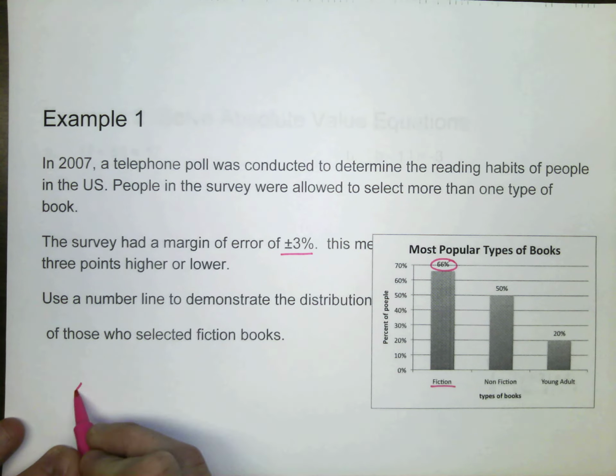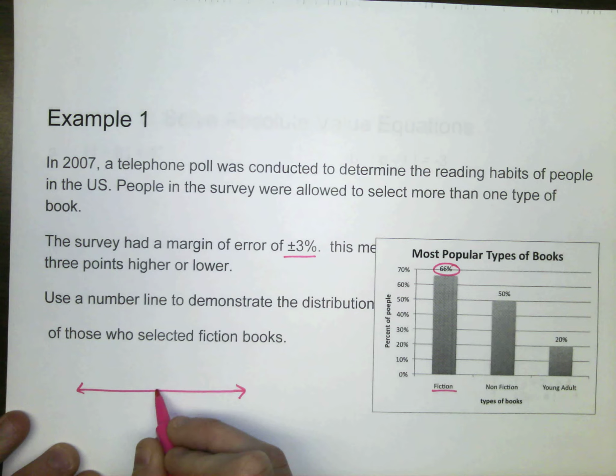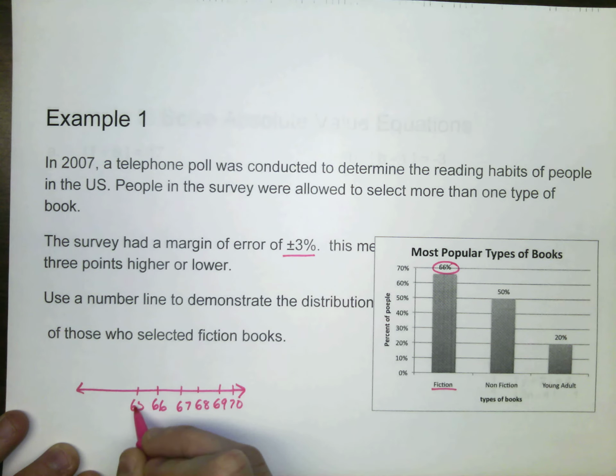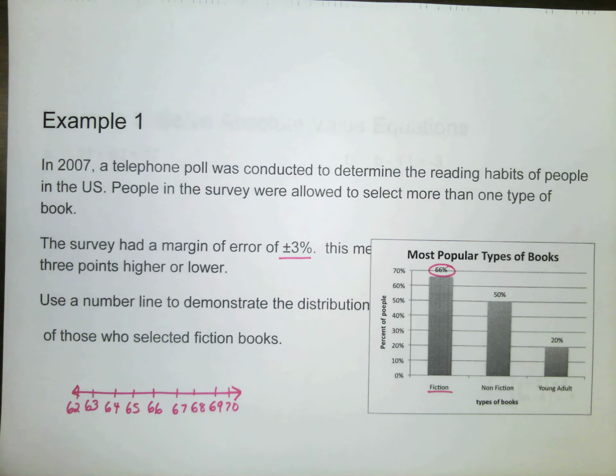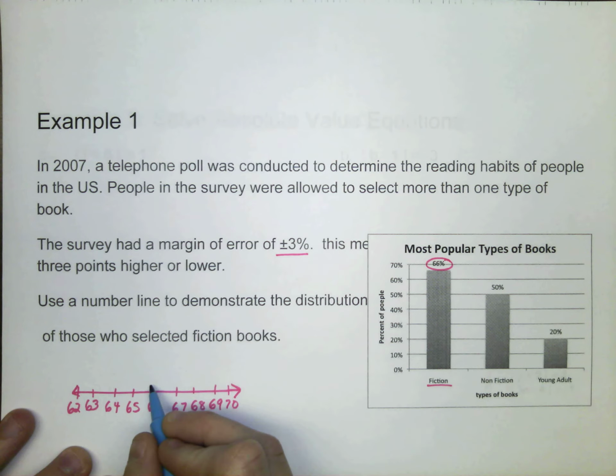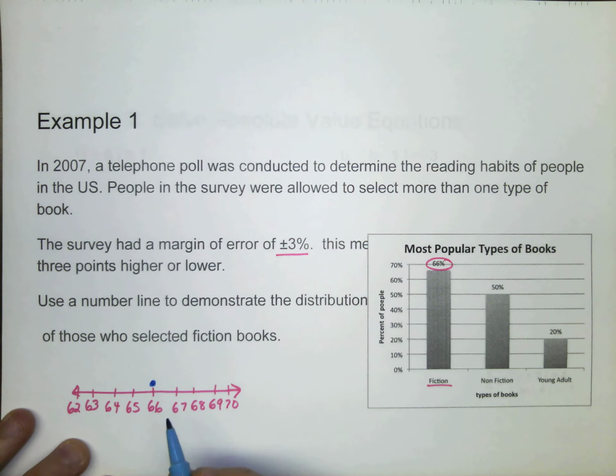So that means if we had a number line here with 66 in the middle, and they tell us there's a plus or minus 3% margin of error, then if they're measuring 66%, it could really be 3 units to the right, as high as 69%, or it could be 3 units to the left, to 63%.